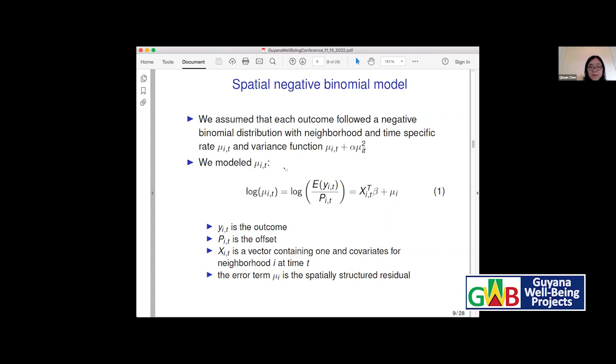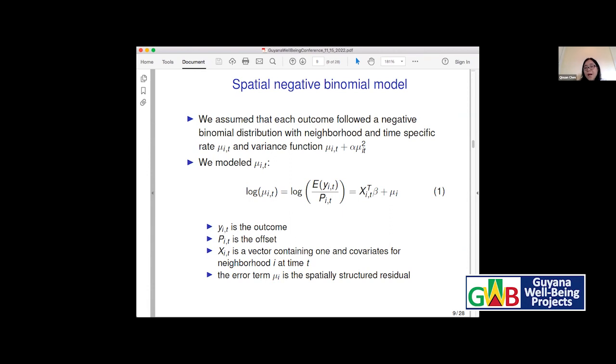So in the model, we model the log of the expected value of the count, this mu, and actually we also write it as the expected value of the count divided by P_it. What does P_it mean? It's the offset. Think about it: we are talking about counts from different neighborhoods, but different neighborhoods have different population sizes. If we just compare their counts, that's not a fair comparison.